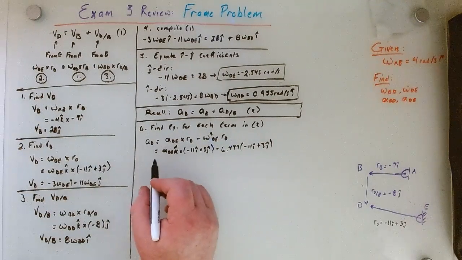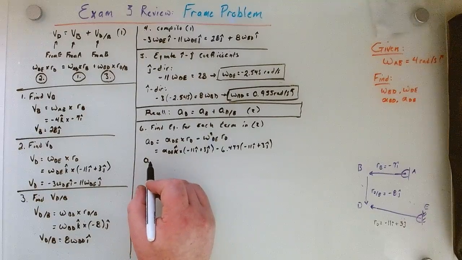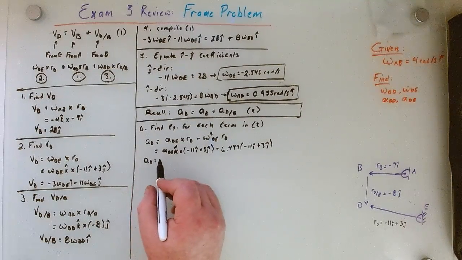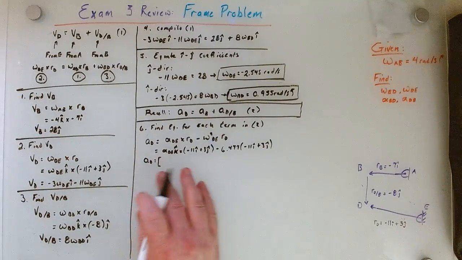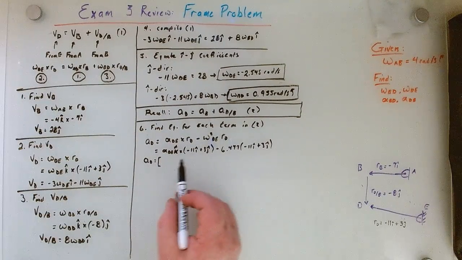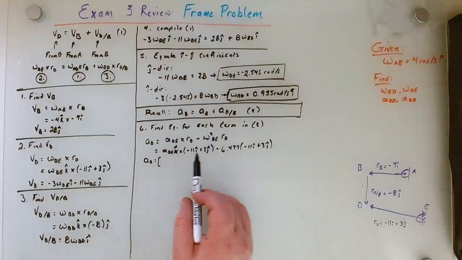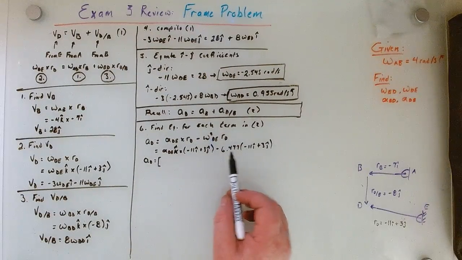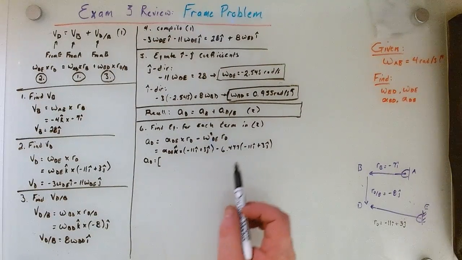Okay, and when I put this together, what I'm going to do is compile it in I and j directions, because I'm going to have a component I and j and a component I and j, and then I'll just put them together.